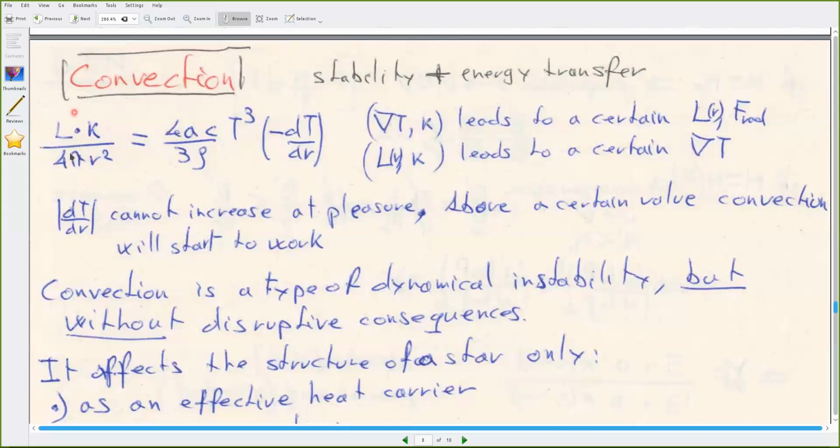So essentially, L, this is the flux of energy due to the radiation, is equal to this value that is a constant, and at the end, not exactly. This part is a constant, the temperature, the density, and the gradient, with the minus, since the temperature is higher in the center and lower outside, so it decreases.